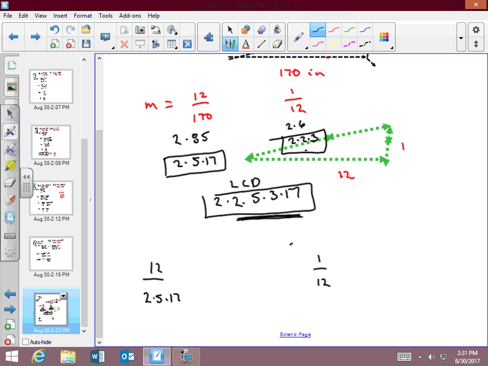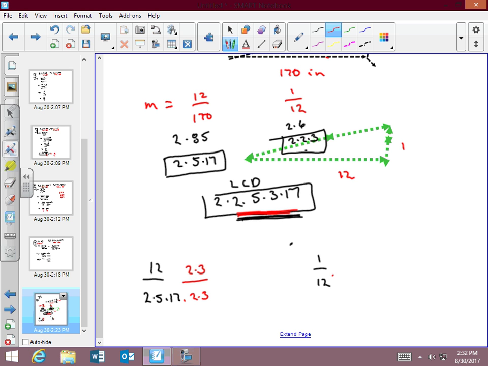Now, if you look at the prime factors there, what is that denominator lacking? A second 2, right? It's lacking a 3. And if it had a 2 and a 3 in it, it would have the same factors as that. So you can put a 2 and a 3 in there if you multiply the numerator by 2 times 3, right? Because 2 times 3 over 2 times 3 is 1. You have not changed the fraction, you have simply changed the numbers that it represents.